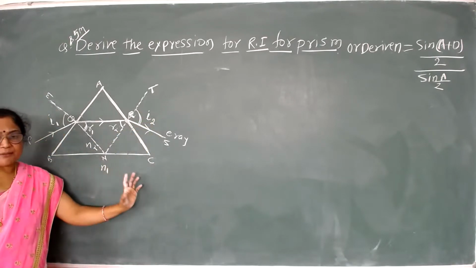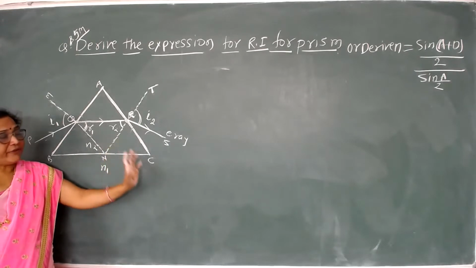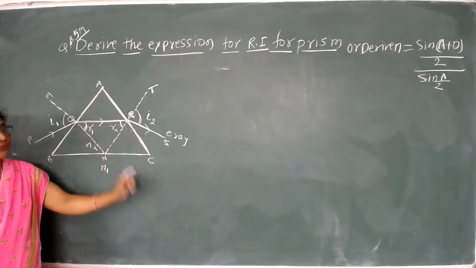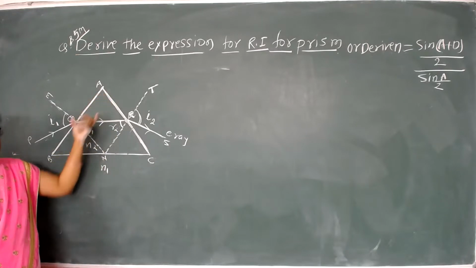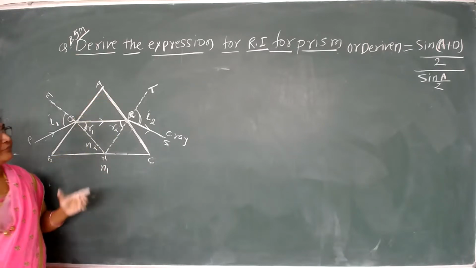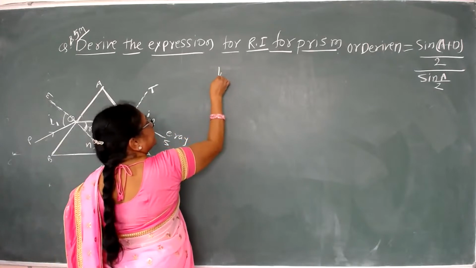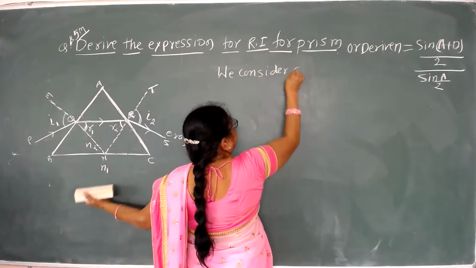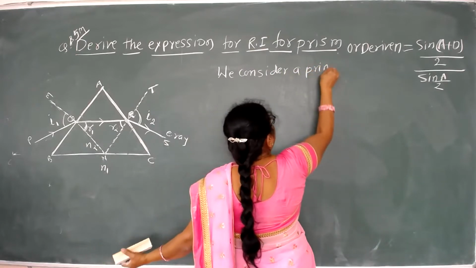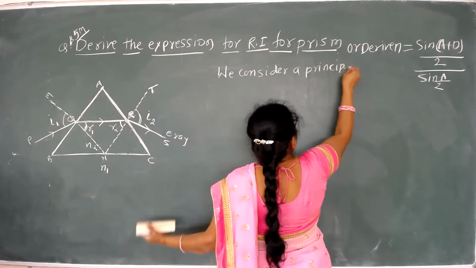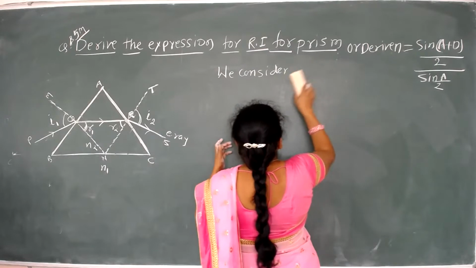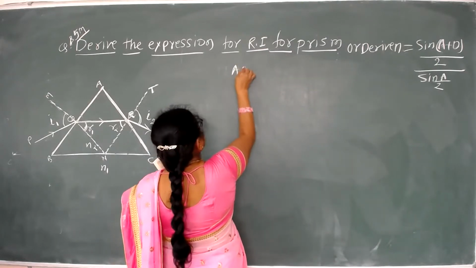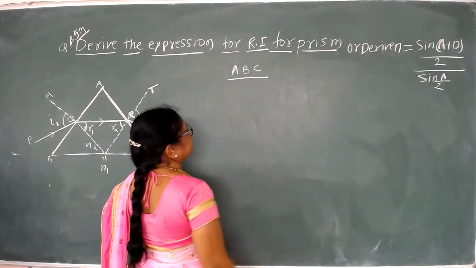So in this slide we label the figure. When we label this figure, we draw a ray diagram correctly. We consider a principal section ABC of a prism.